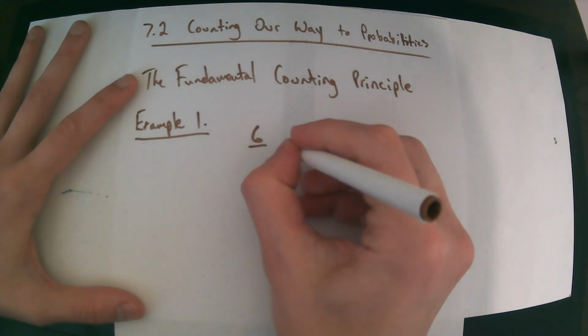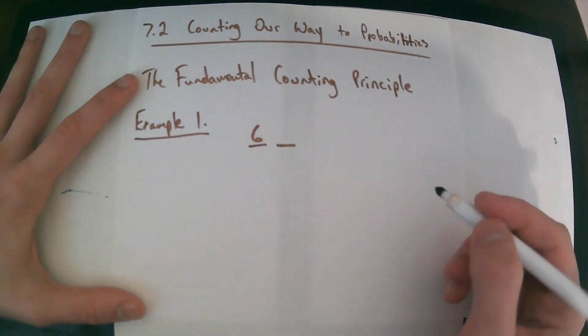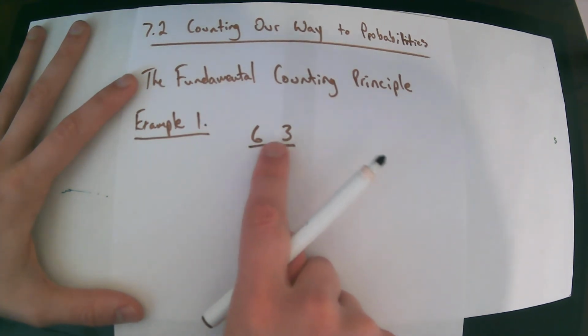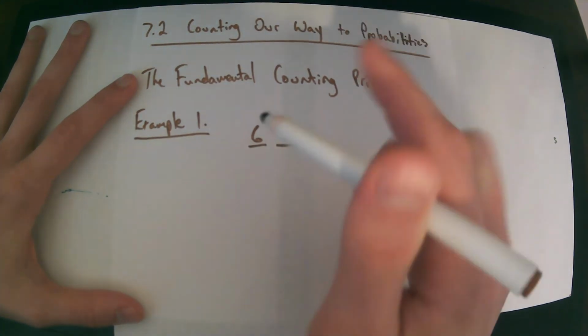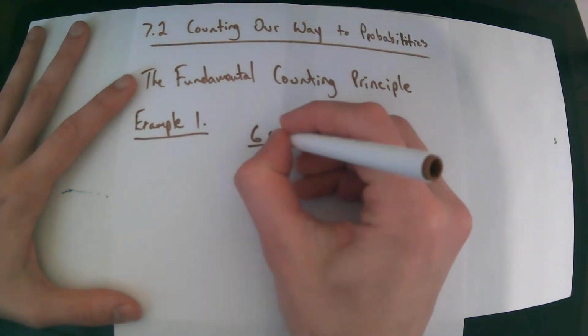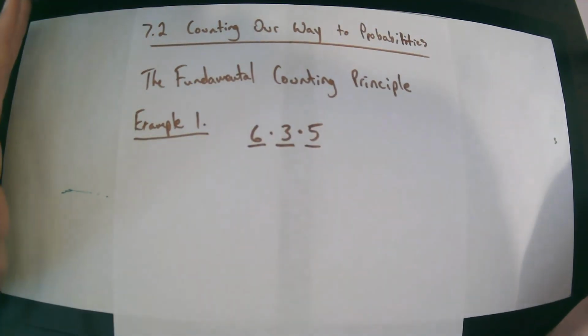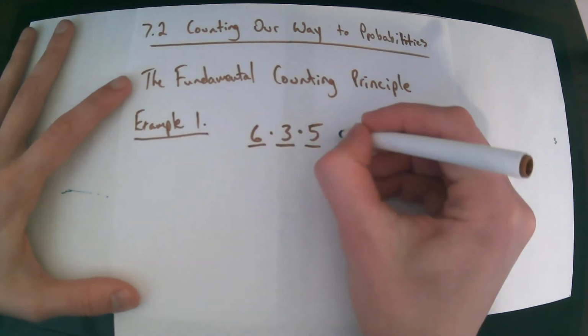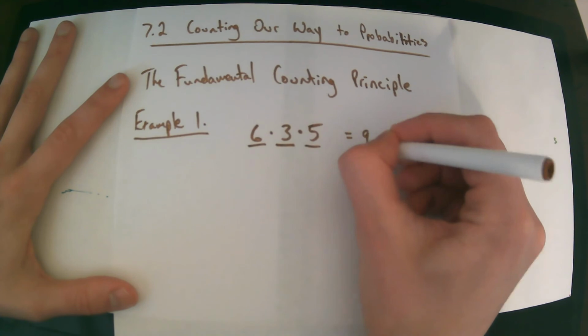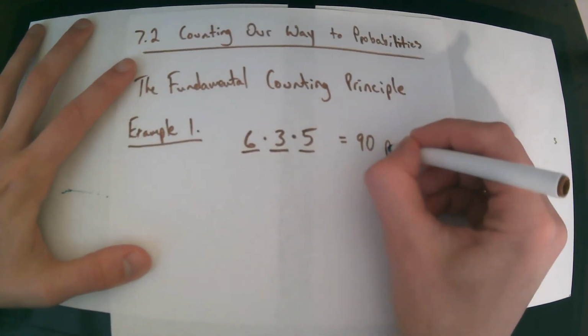The second one is there are 3 options for vegetables. So this is the number of possibilities in each of these categories: proteins, vegetables, and then fruit. And that's it, right? What you do is you take the product of them. So just pop that into the calculator and we're going to get 90 possibilities.